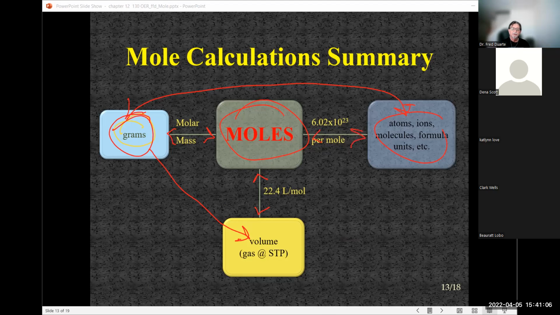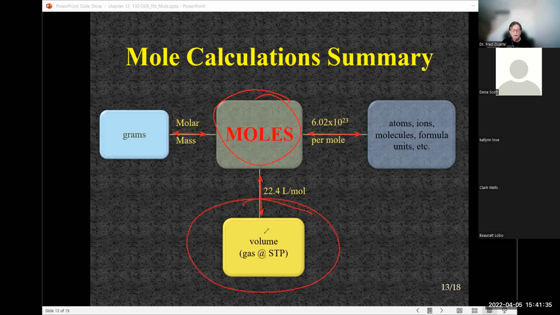Okay, let me clear this up a little bit. And so I can go from there to there, in both directions. But I can't do anything unless I go to moles. Moles is the common factor for all these calculations. And the yellow part is only true if you are at STP.